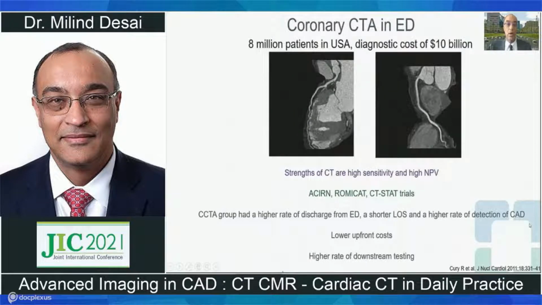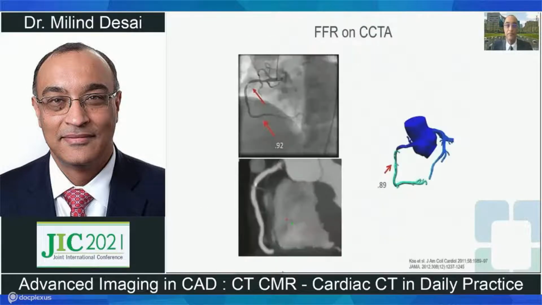This results in lower upfront cost, but if not managed well, it could result in a higher rate of downstream testing. So if we know what we are doing and use CT to its strength, it provides substantial incremental value in patients that present to the emergency room.